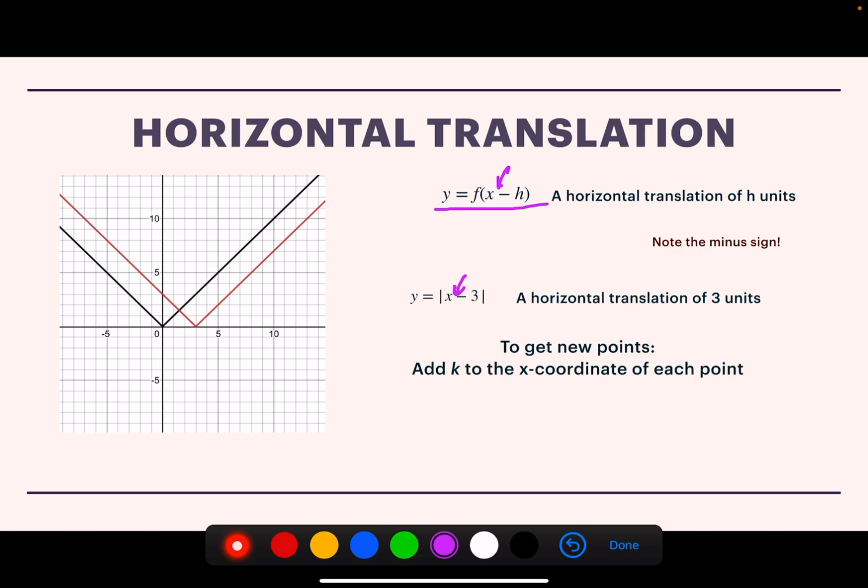So if I'm trying to go point by point here, I just have to add that k, that 3, to the x coordinate of each point. So for example, let's take that 3, 3 again. All I have to do is add my k, which is 3, to my x coordinate to say that I have a new point now at 6, 3. And sure enough, there it is.